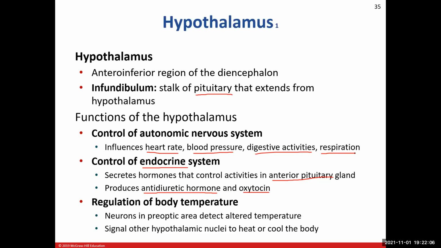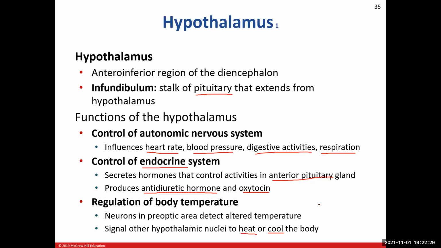I mean, all sorts. That's huge. Way back in chapter 1, we talked about body temperature and the negative feedback loop. The hypothalamus is going to play a role in cooling the body down or warming the body up.